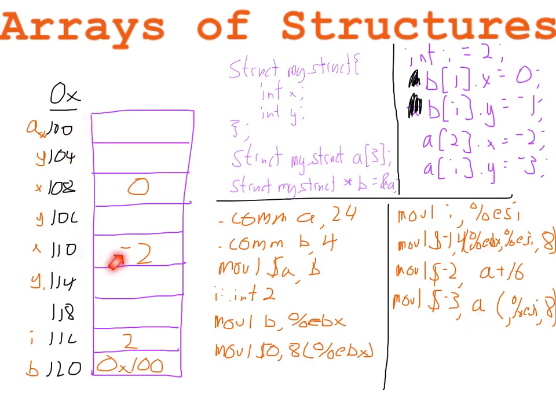But is that A of I dot Y if I is 2? And that is not Y. We can see right here that's X. Y is 4 bytes away. So in a similar manner, where we had to add 4 as an additional offset for base index addressing, we also need to be able to have a way to add 4 more bytes to get from element X to element Y using direct index addressing.